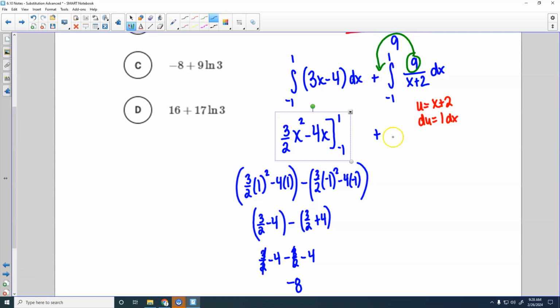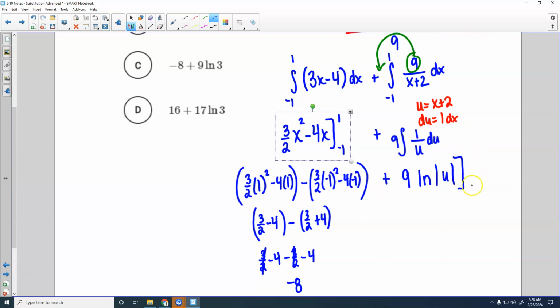When I rewrite this with u's, it is going to be 9 times the integral of 1 over u du. And when I integrate 1 over u, what do I get? Natural log. So I get 9 natural log of the absolute value of u.